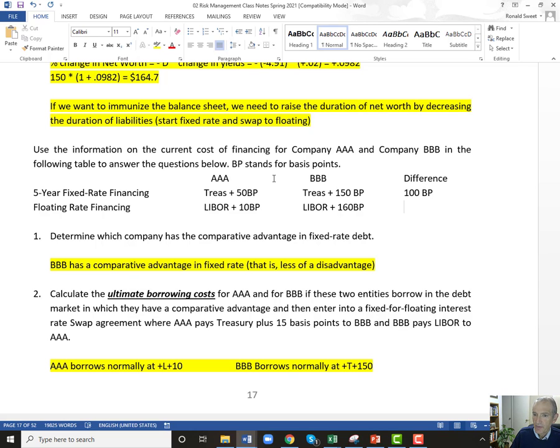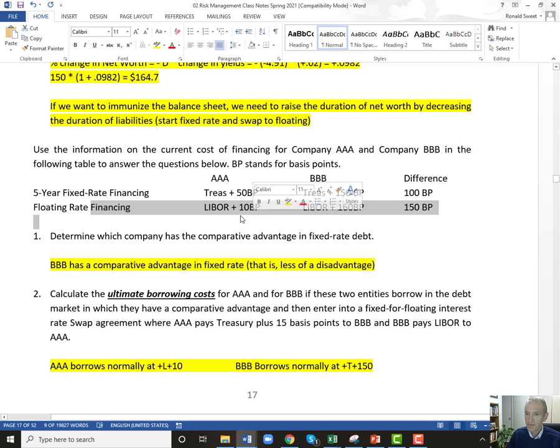Here, AAA is 150 basis points higher. So this is the opposite of what you'll probably see on the exam. You would think AAA would be much cheaper on fixed rate than it is on floating rate, but this one's a bizarre one, so this is a really unusual entity.